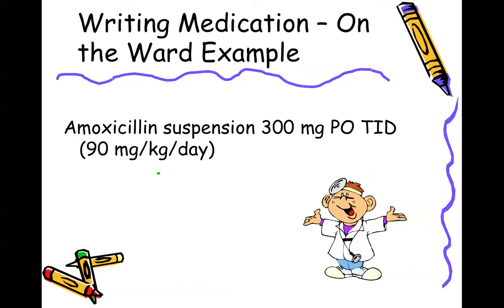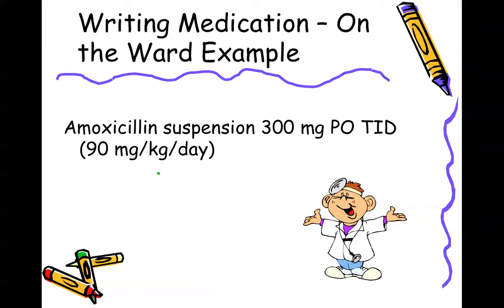Okay, so the answer, if you work out the math, could be that you write amoxicillin suspension 300 milligrams PO TID, and then you have to specify, since this is a patient under 40 kilograms, the milligrams per kilogram that you're dosing it at.